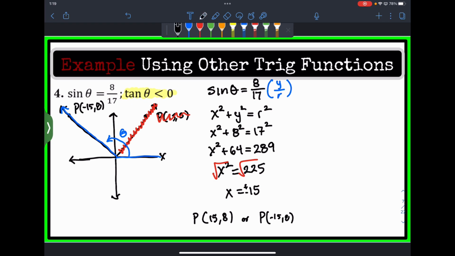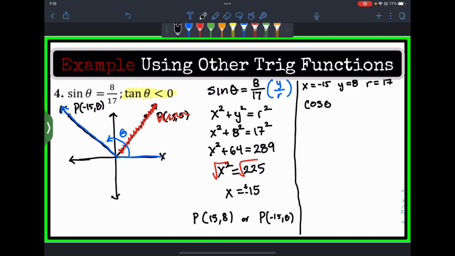So knowing now that x has to be negative 15, knowing from the beginning that y is 8, and again given from the very beginning that x is negative 15, y is 8, and r is 17, I can find the remaining 5 trig functions.